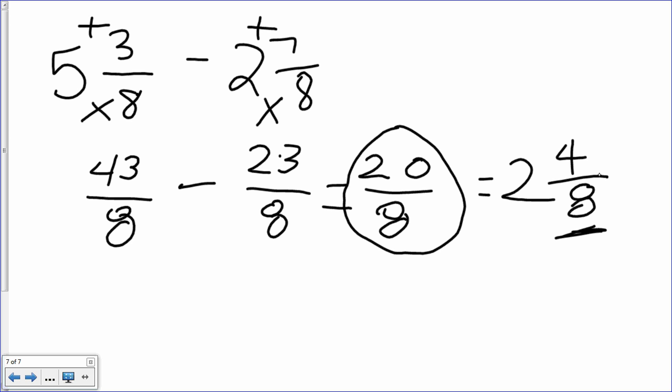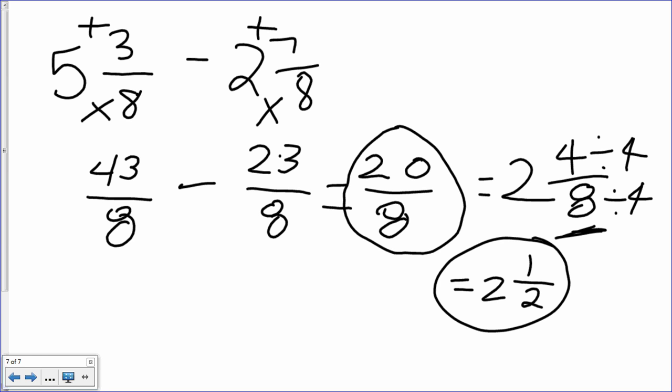And I'm going to look at the biggest one, which is 4, which means I'm going to take my numerator and divide that by 4, and take my denominator and divide that by 4. So my complete answer is going to be 2 and 1 half, because 4 divided by 4 is 1, and 8 divided by 4 is 2. And that's how you use improper fractions to help you subtract mixed numbers.